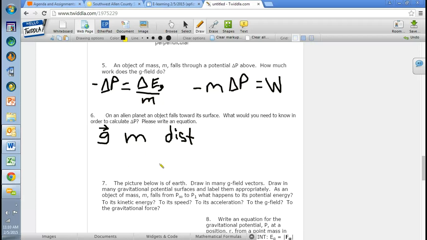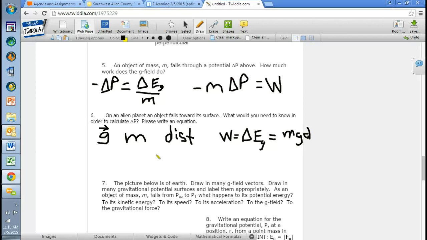Well, I know that the work, which is equal to the change in gravitational energy, is going to be equal to that mass times G times, I'm going to call it D for distance.